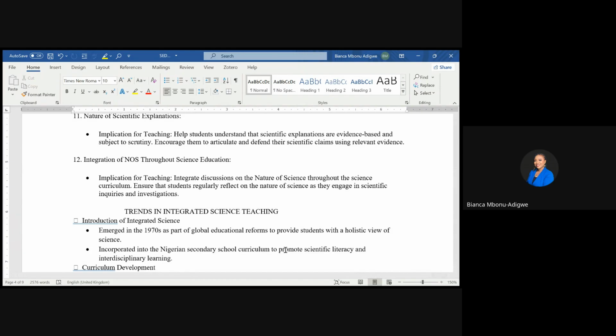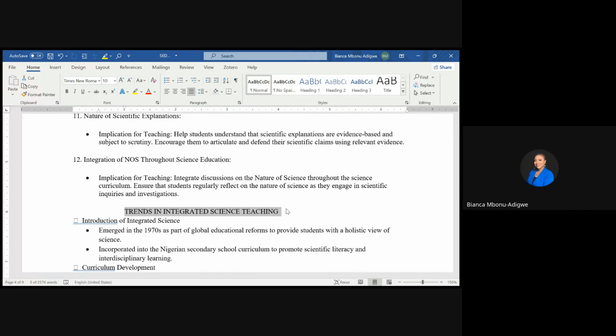Now, like I said, there is this portion of this unit that I love so much. It is the current trends in integrated science education. But I'm not going to dive in and start talking about it. There are trends. In fact, I think integrated science is the most, how do I put this?